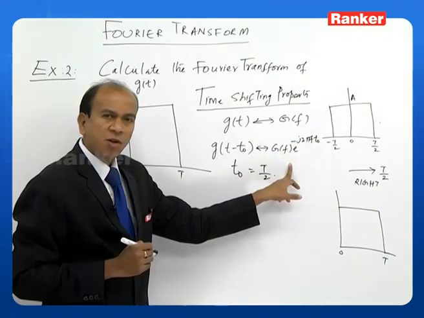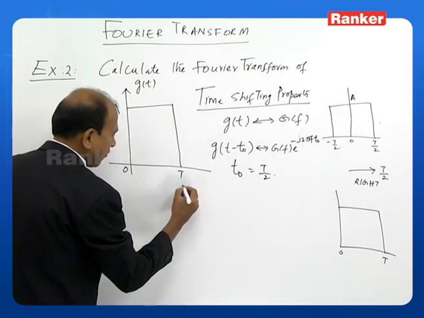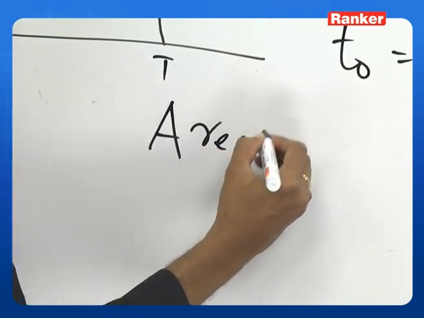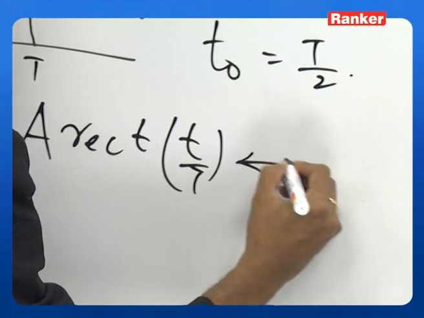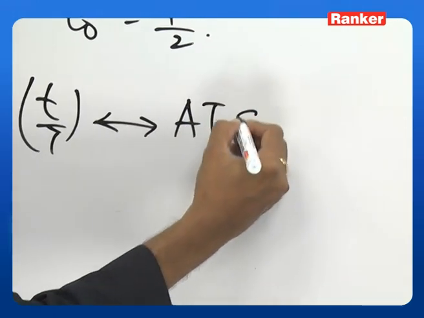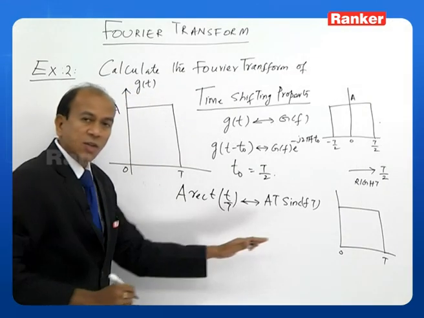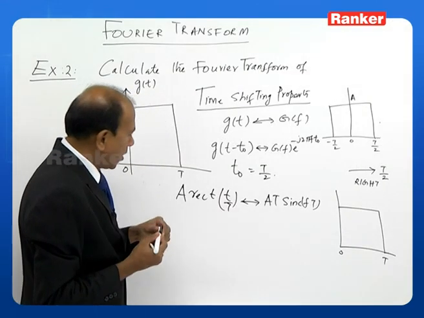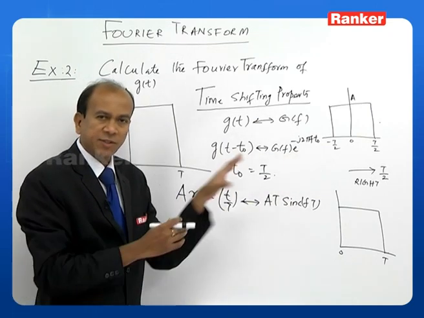Now, what will be the G of f? If you remember, what is the rectangular function? For rectangular function A rect(t/T), it has a Fourier transform which is equal to A T sinc(f T). Yes. So, now what we have to do is calculate this e to the power of minus j2 pi f t naught, because the sinc does not change.